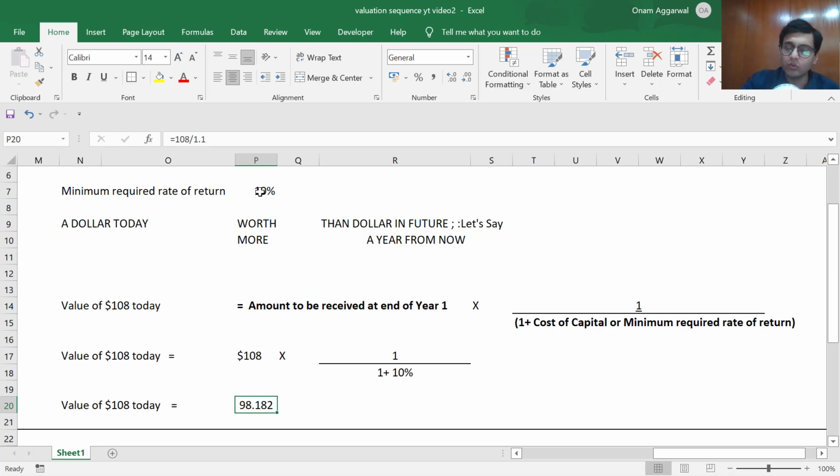One thing which I want you to understand about the rate of return is that it changes depending upon how risky the company you are valuing is. So for example, if you are investing in Tesla, that is a fairly safe company as compared to, let's say, investing in Severstal. What is Severstal? Severstal is one of the biggest Russian steel companies.